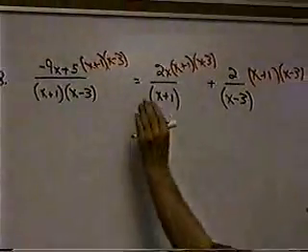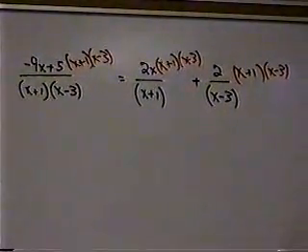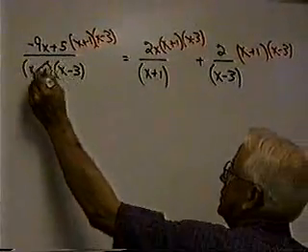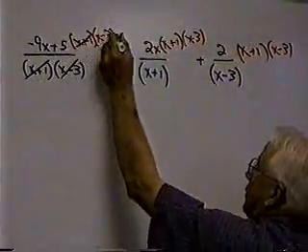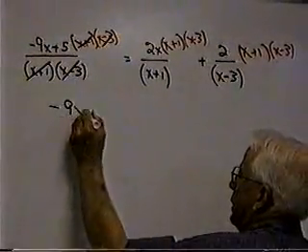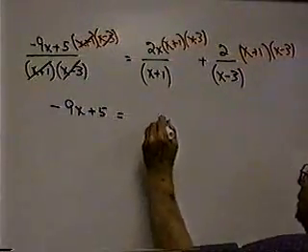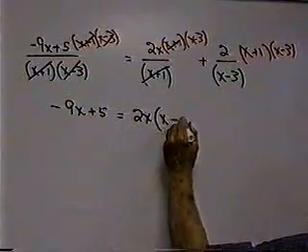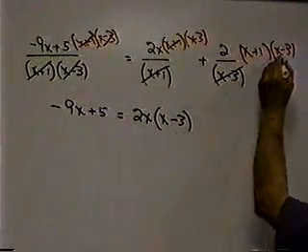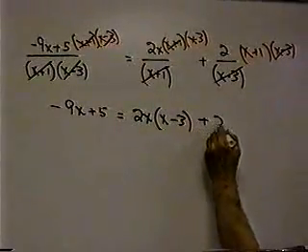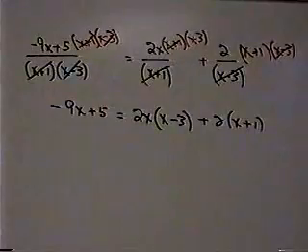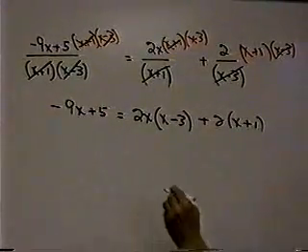Multiply everything by the common denominator. Well, look what happens. This divides out, that divides out, and we're left with just 9x plus 5. This divides out, and we're left with 2x times x minus 3. This divides out, and we're left with 2 times x plus 1. Now, what's the rule? Remove parentheses.